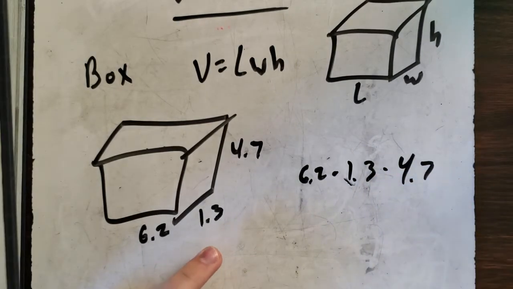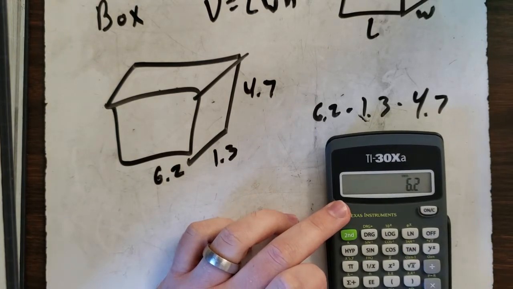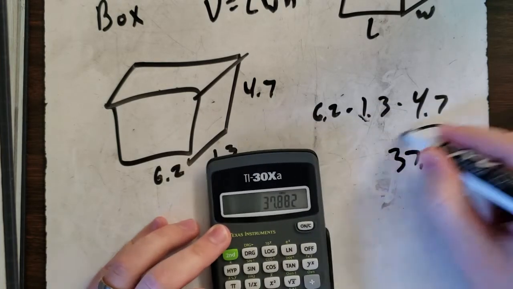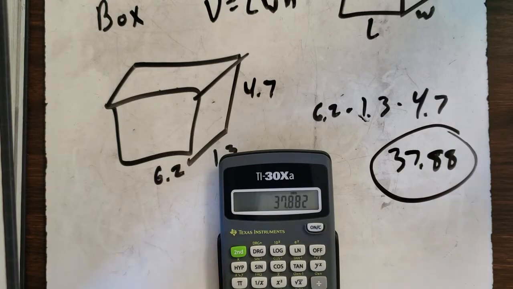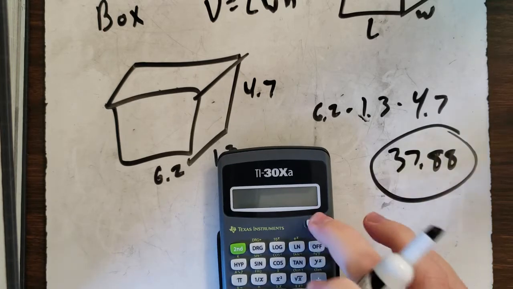Okay, multiply three numbers up. 6.2 times 1.3 times 4.7 equals 37.88. Okay, that's really all there is to it, guys. Okay, so volume of a box or rectangular prism, not that hard.